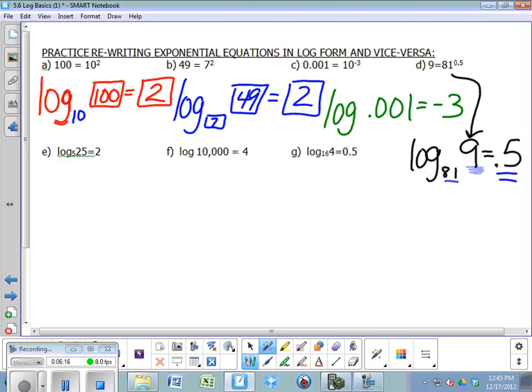I've also heard people say the log, base 81, of 9 equals 0.5. The key is to say the word base in front of the 81. So you would say this one, the log base 7 of 49 is 2.